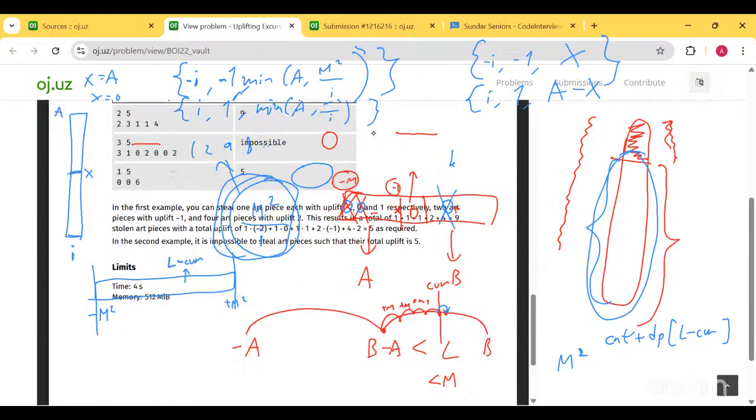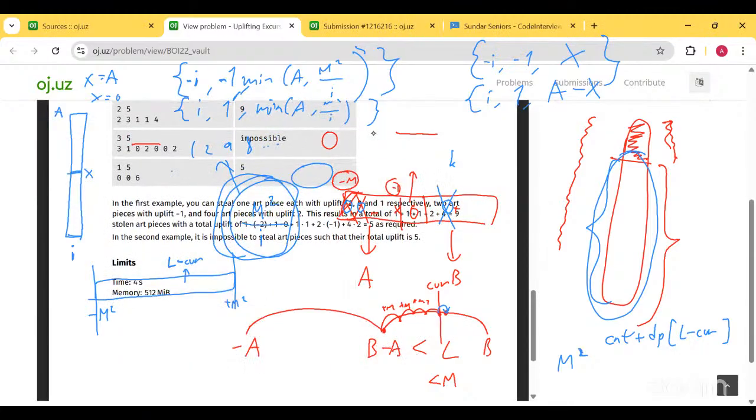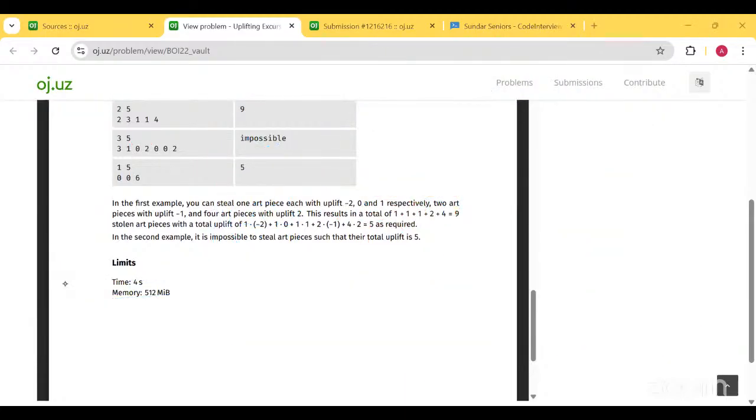So the whole steps of the solution is, at first, we can greedily use all of them. Then we can make it closer to L, again using greedy.